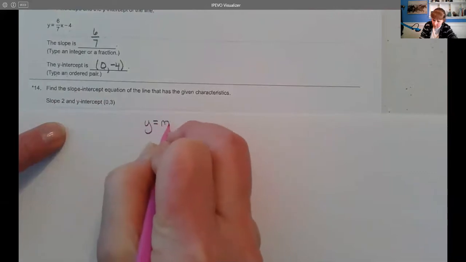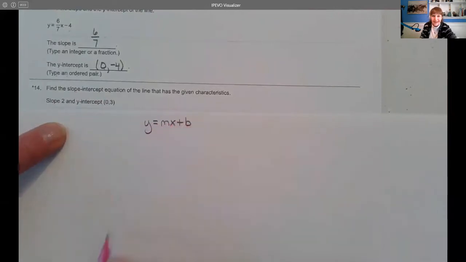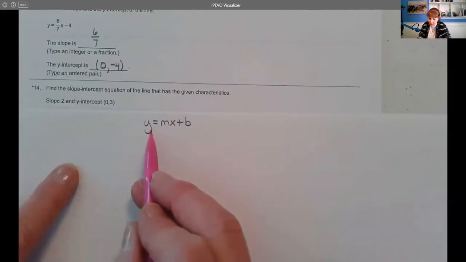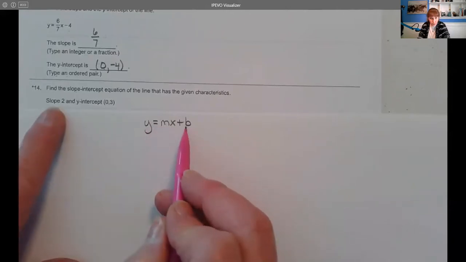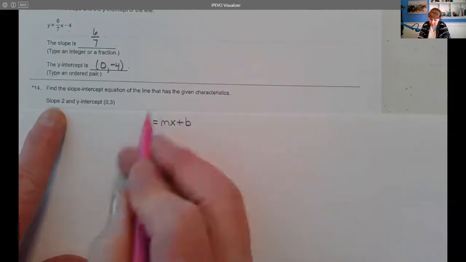You're thinking, well, why are they telling us what form to use? Well, it's because there's one more, and it's in this assignment. So we'll have 2 forms to look at. But all we have to do, this is the slope intercept form, y equals mx plus b. 2 is the slope, so we're going to put a 2 there.